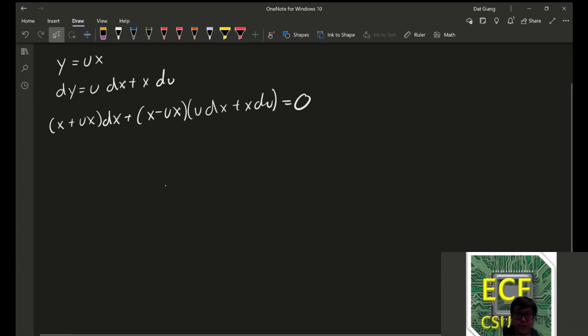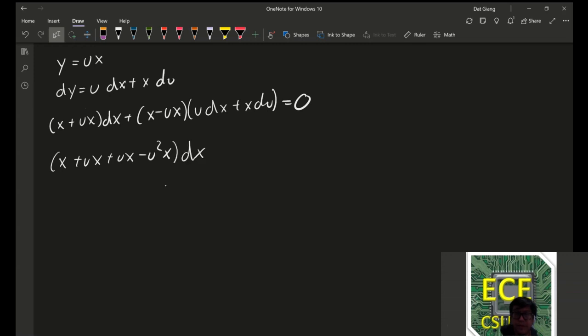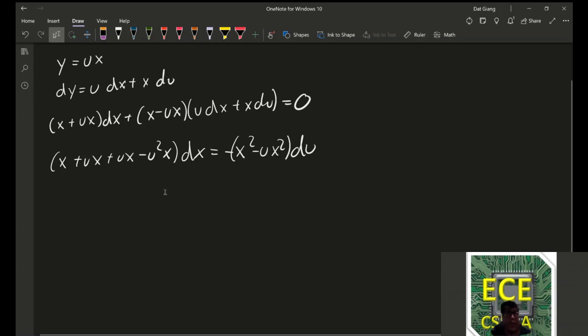Now, in this situation, we can actually combine the dx's together, and we have (x plus ux plus ux minus u squared x) dx. From over here, this one becomes negative (x squared minus ux squared) du. Now, from over here, we're able to simplify a little bit further.